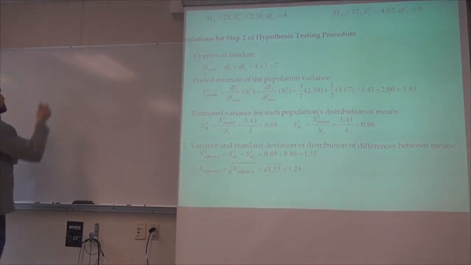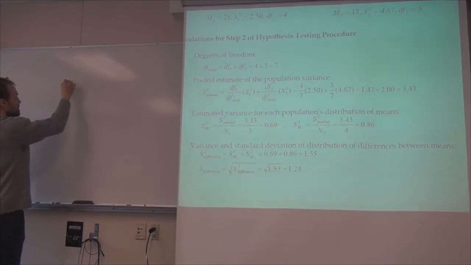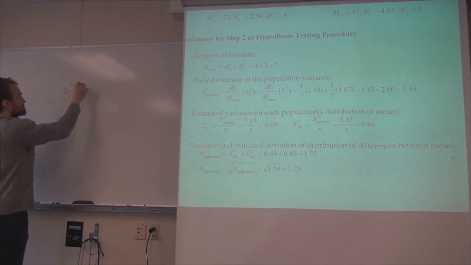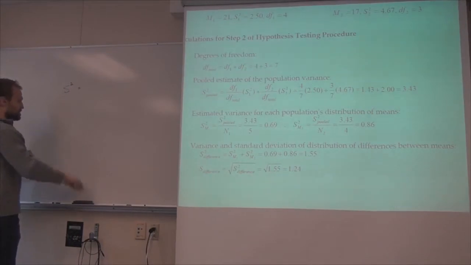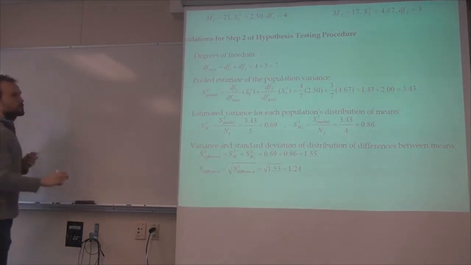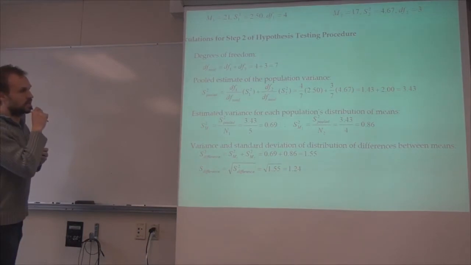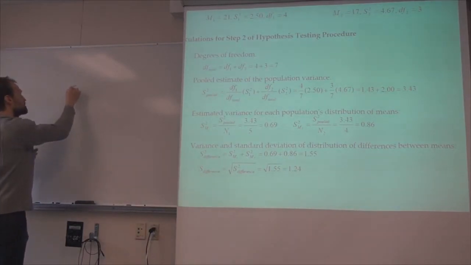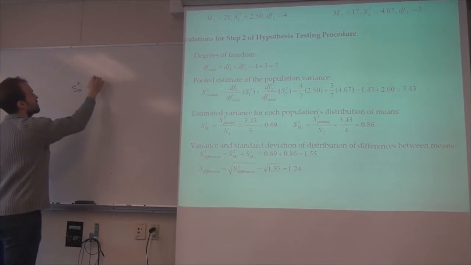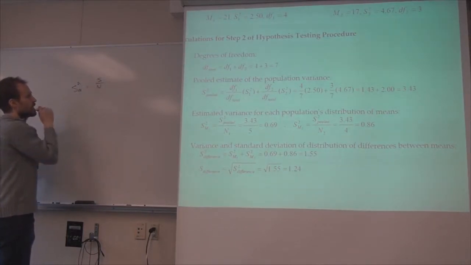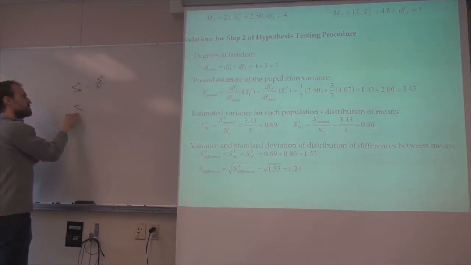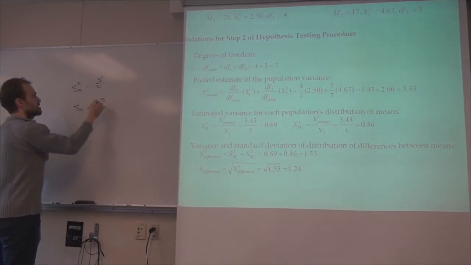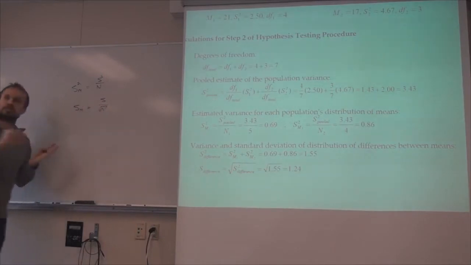Whether you write the variance as sigma squared over n, or whether you write the standard deviation as the individual population standard deviation over root n, it's the same thing.